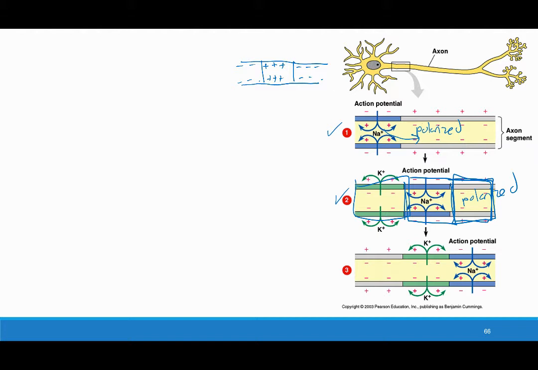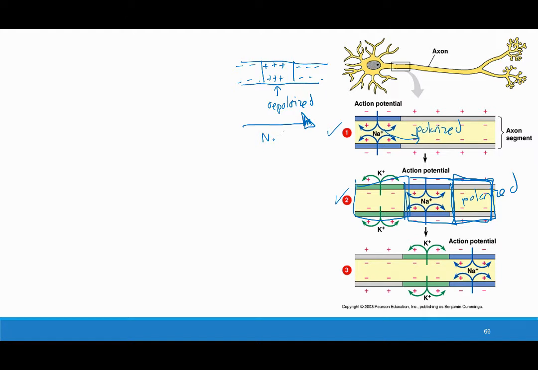If I just draw it like this, then obviously the middle is depolarized. But the two ends are negatively charged on the inside, so it's impossible to tell which one is repolarizing and which one is polarized, unless I add an arrow to show the direction of the nerve impulse.